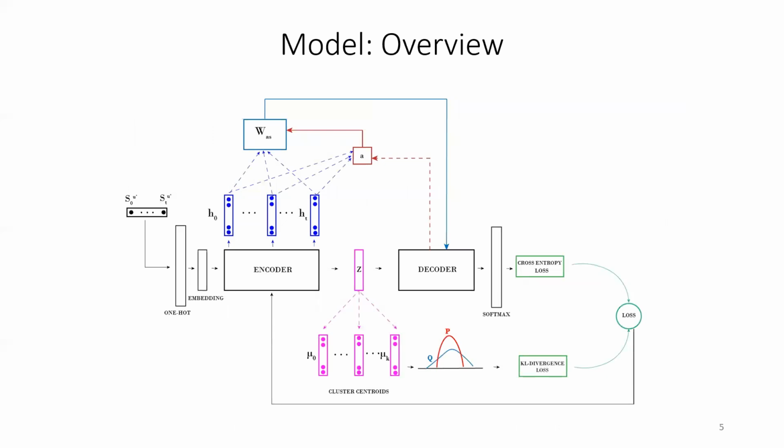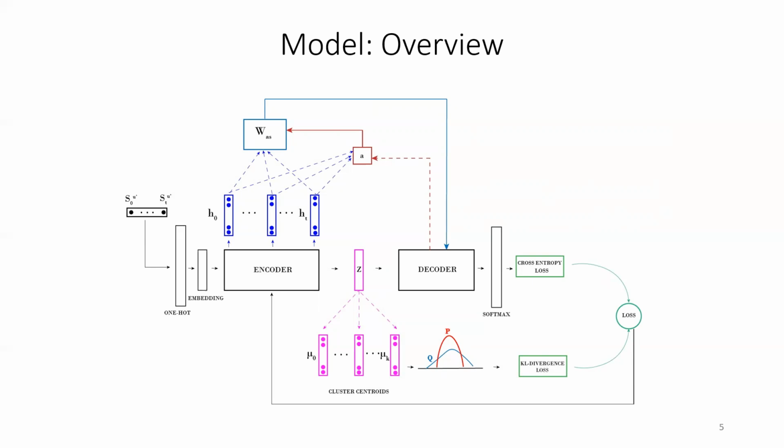So, a brief overview of the model. Our model roughly has 3 main components. The first component is a classic encoder-decoder framework, which is what you would see down the middle of this diagram.